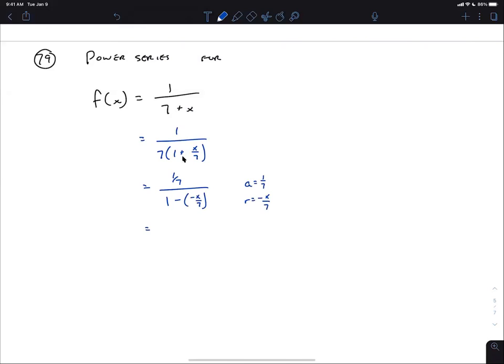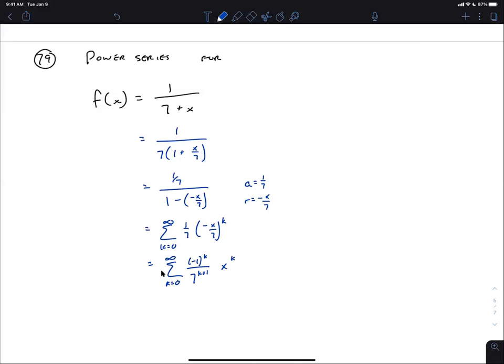So then the series is the sum k equals 0 to infinity of a r to the k, so 1 over 7 times negative x over 7 to the k. And then you can simplify that to the sum k equals 0 to infinity of negative 1 to the k, over 7 to the k plus 1, x to the k.